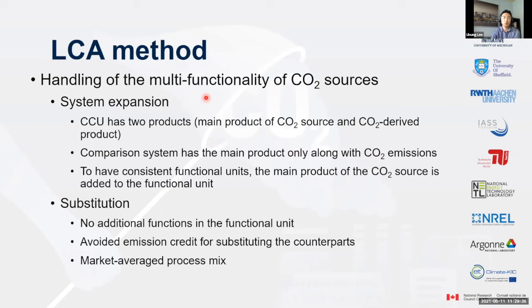So the CCU has mainly two products, the main product from the CO2 source and the CO2-derived product. So we are going to expand the system to include all the comparable main product and the CO2-derived products to have the same functionality from the system. And then we are going to compare the two systems with consistent functional units, with the main product of the CO2 and the additional functional units.